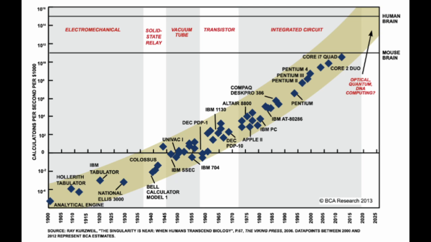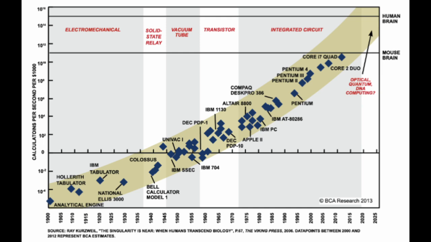So this next slide actually shows the number of calculations per second per $100. Now, what I like about this graph is that right now you can see that the calculation levels that are coming are slowly pushing past into the region where the number of calculations is approaching those of biological systems.